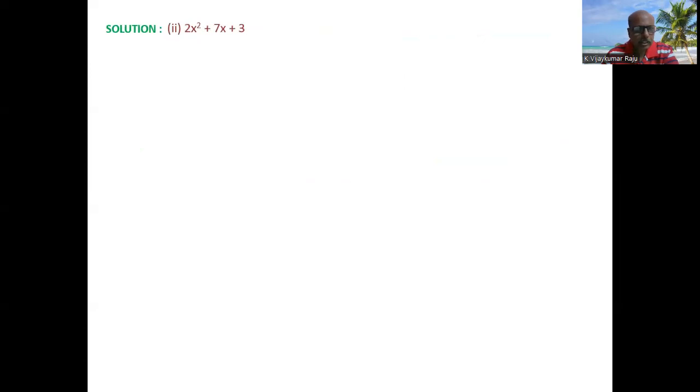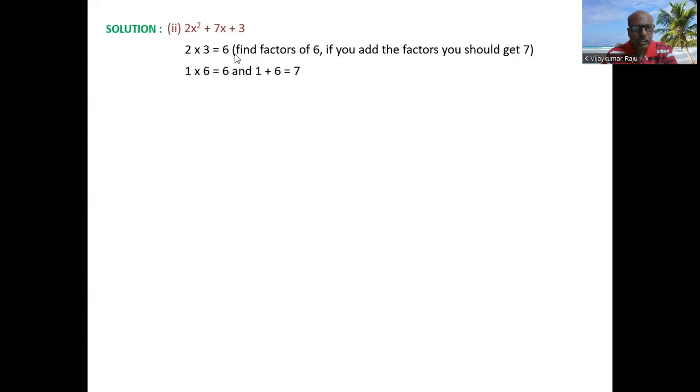Let's see the second. Now here 3 and 2 are the numbers. So 2 into 3 is 6. So we find factors of 6. We add, and you should get 7. This is a plus sign, so you should add to get 7. So 1 into 6 is 6 and 1 plus 6 is 7.